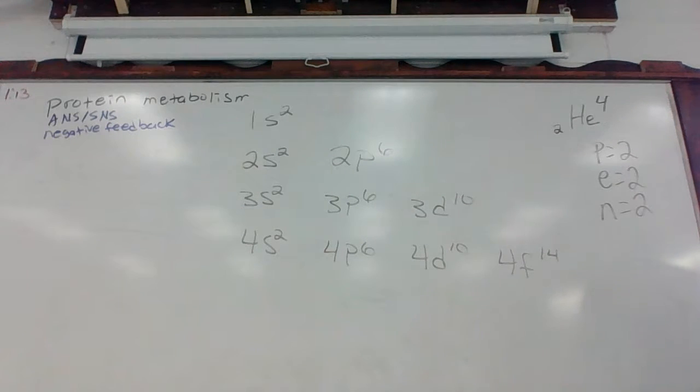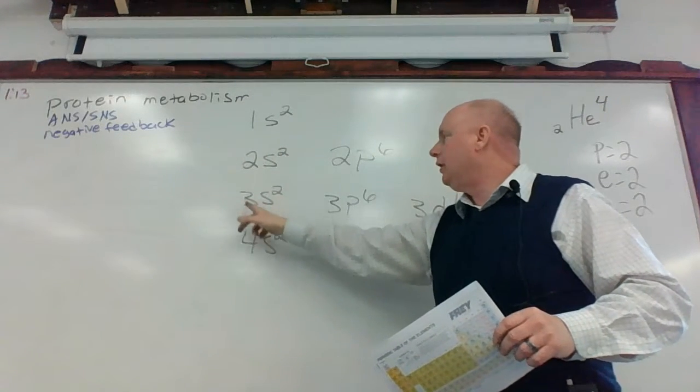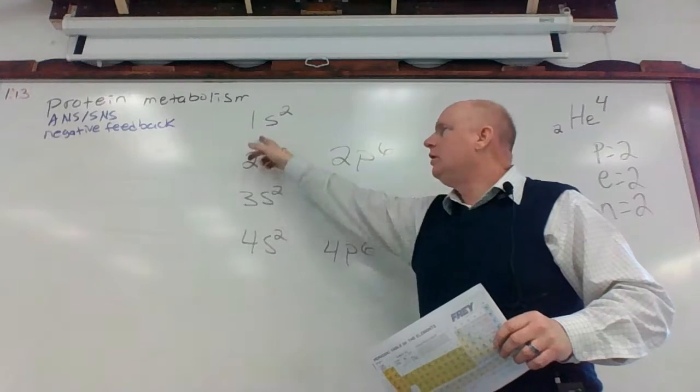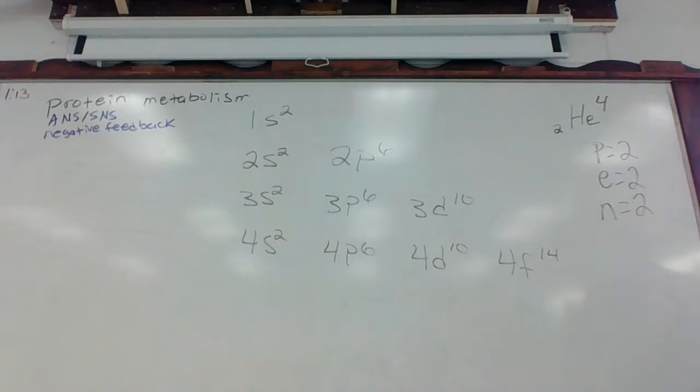Notice, what does it say right here on your table? Periods. So what we're starting to see here, these are your periods on the periodic table. The numbers increase just like what we see here. Period 1 only has 2 elements in it.